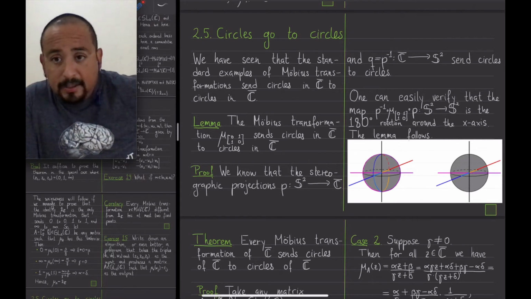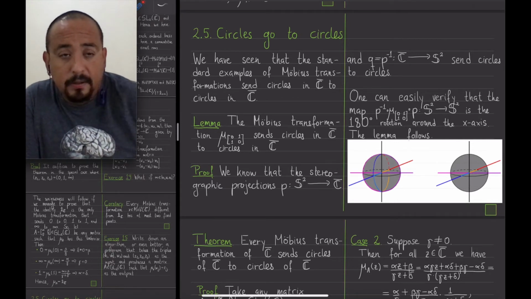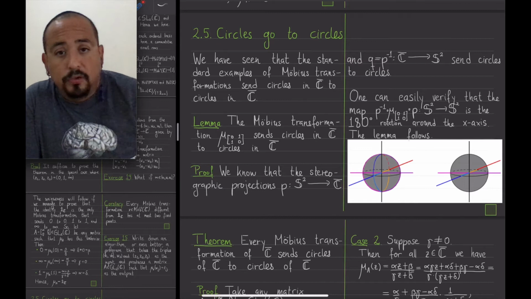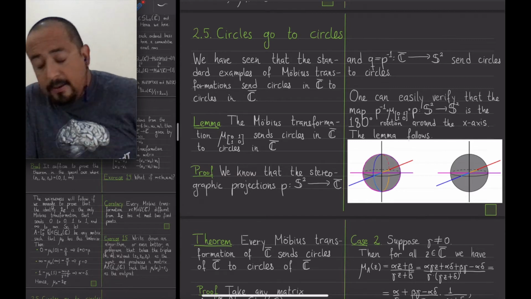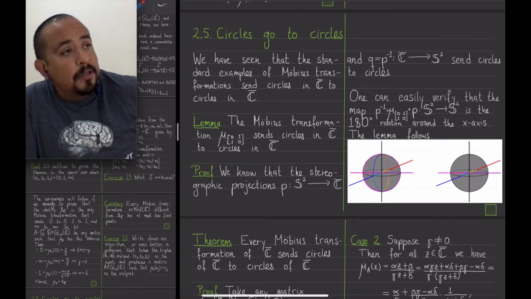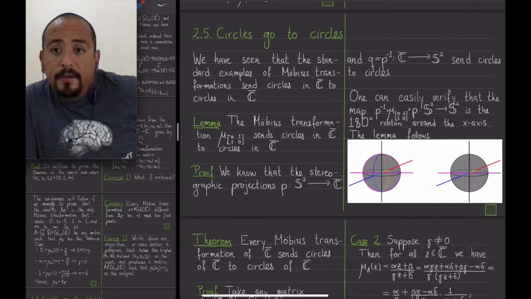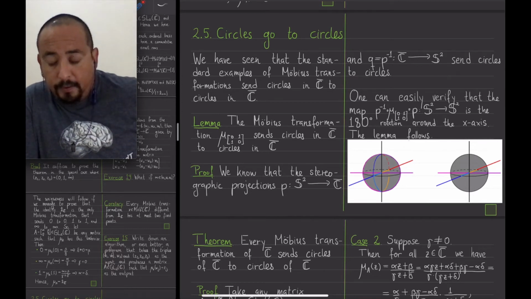As I said, it is a fun game to try to deduce that the image of any circle in C bar under any Möbius transformation is again a circle in C bar from the simple transitivity on triples that we just proved.